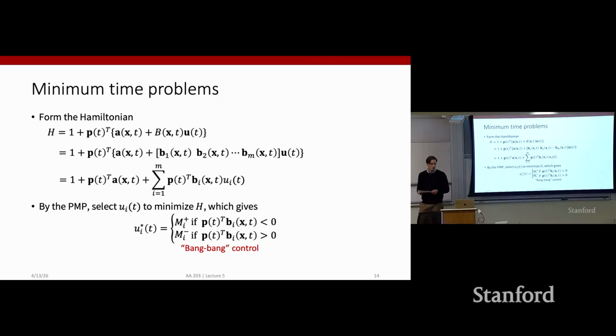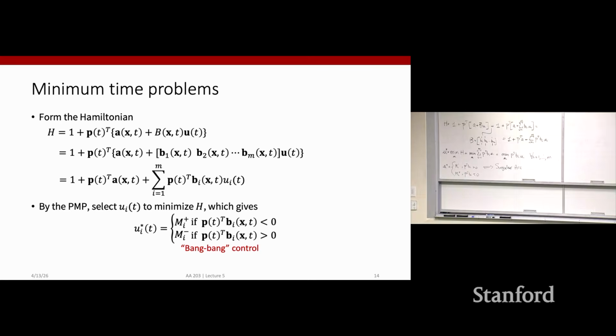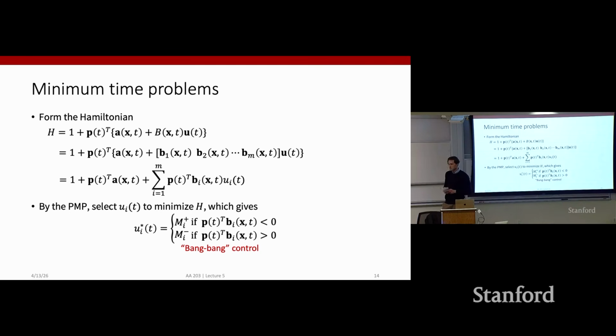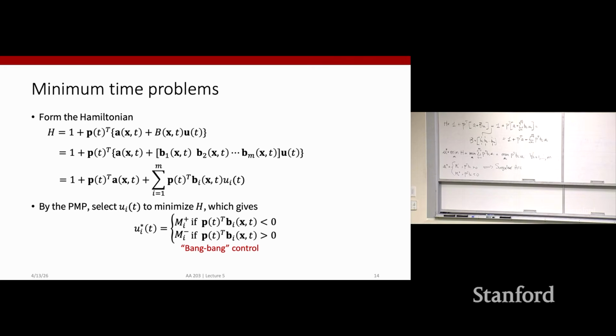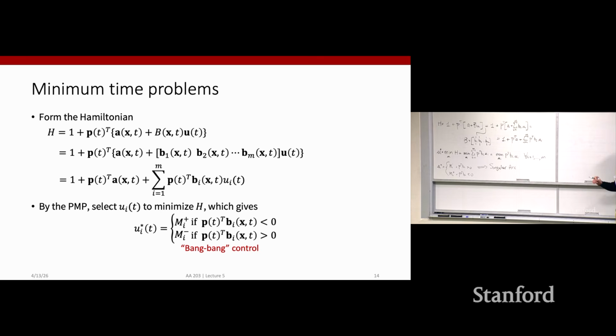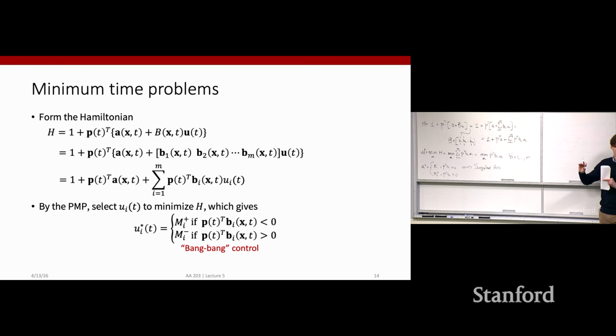Sorry if you said this already, but I'm just confused. Did you get that the controller is a bang-bang controller from minimizing the Hamiltonian, or did the problem give you that? So again, I think the mindset you should be in is that we are being extremely methodical.